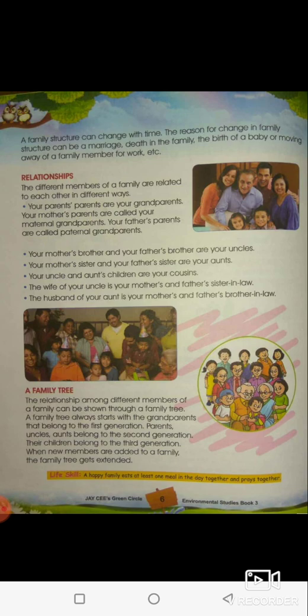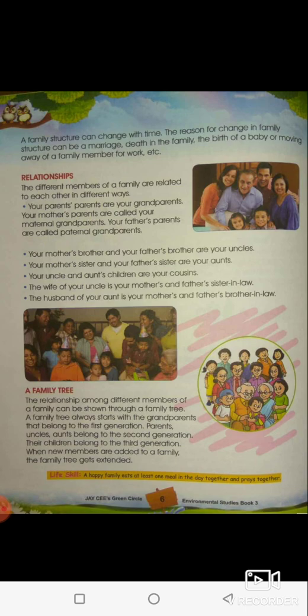A family tree always starts with the grandparents that belong to the first generation. So you start with your grandparents and then parents. If you are living with your uncles, then uncles and aunts belong to the second generation.